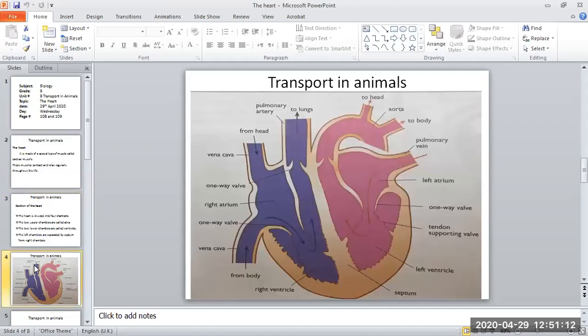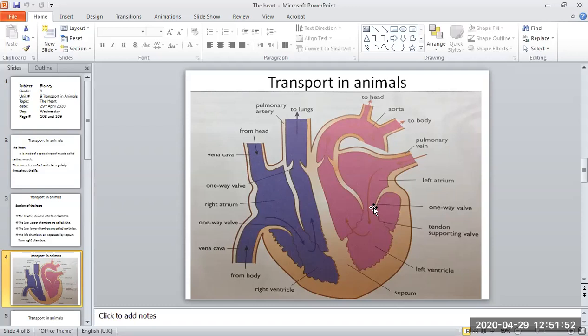And here you can see the different parts of the heart. This is the left part, this is the right part, and this is the septum. This septum separates the left part and the right part. This is the left side, and you can see it is red. The red side is the blood that is rich with oxygen.